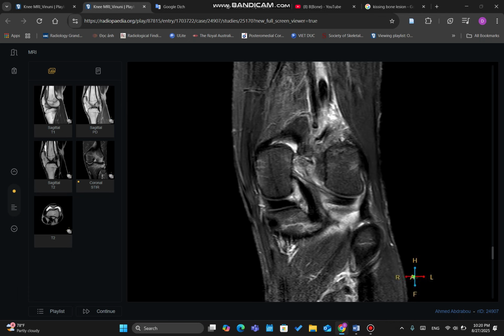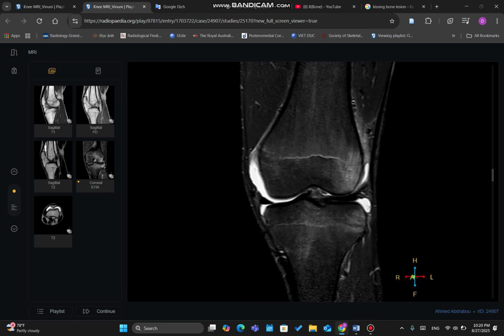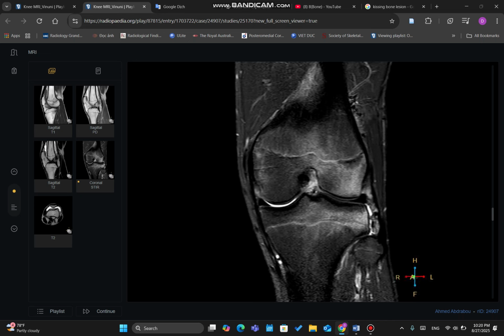Grade 2 is an intrameniscal tear which does not directly connect with the knee joint. Grade 3 has a tear which you can directly see connecting between the meniscal cartilage and the knee joint.